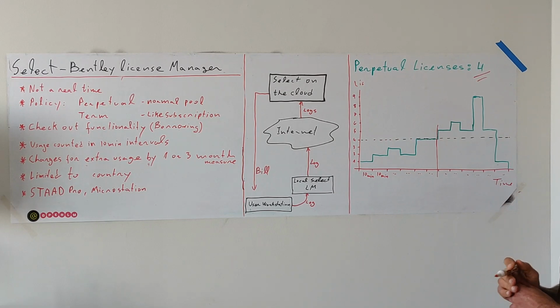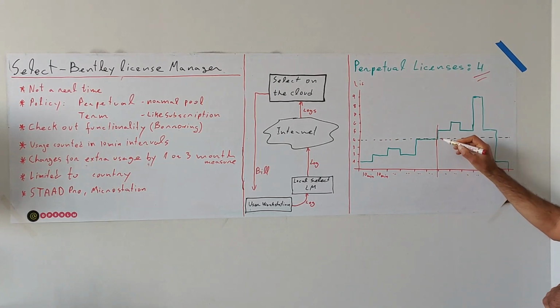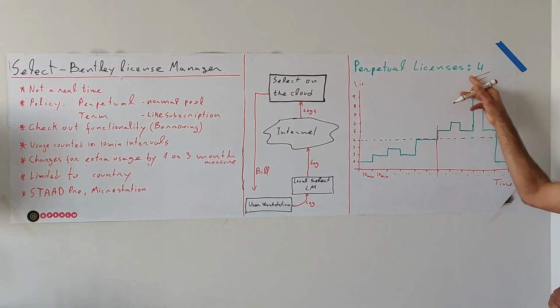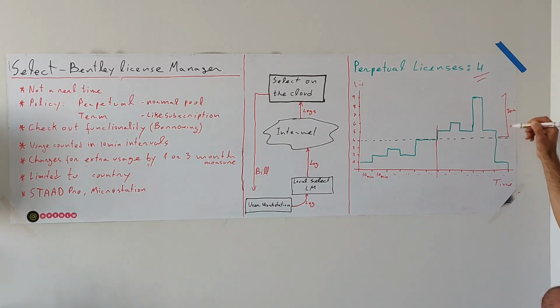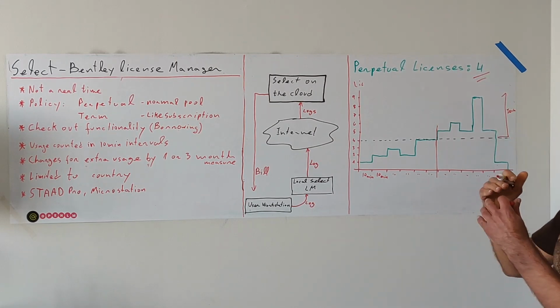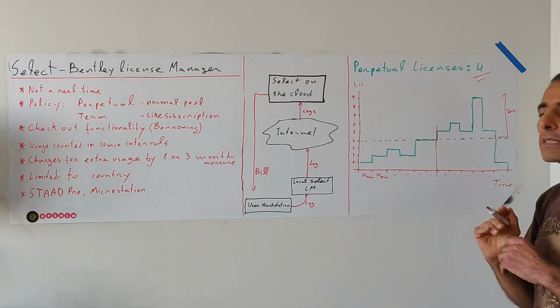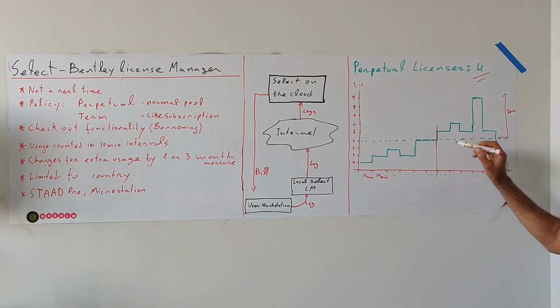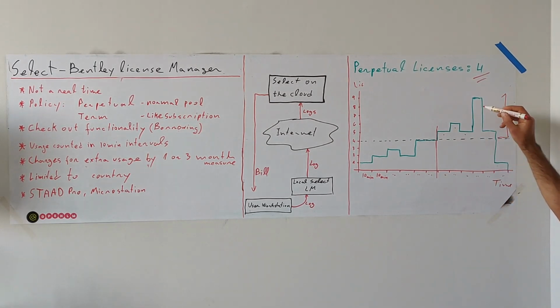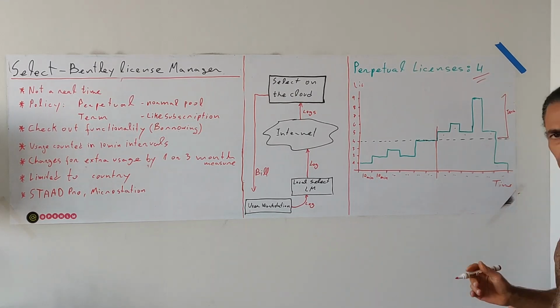It's perpetual. Once I've gone over the number of licenses I have, I'm in the area of the term licenses. I'm actually going to pay for this extra usage. So let's say in the next few minutes I took 5, 6, and then 6, and then I got to 9, 6, and that's all.